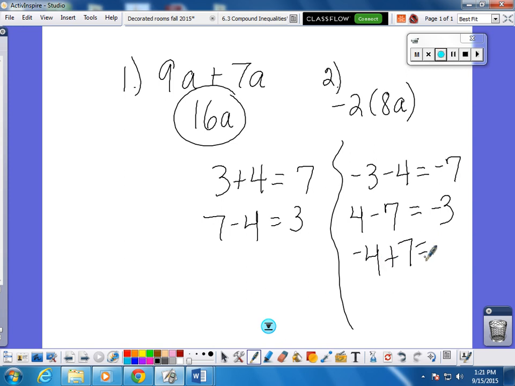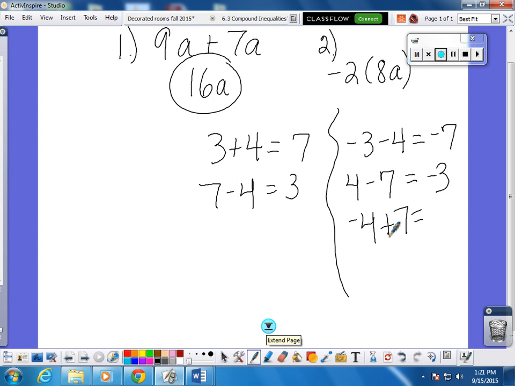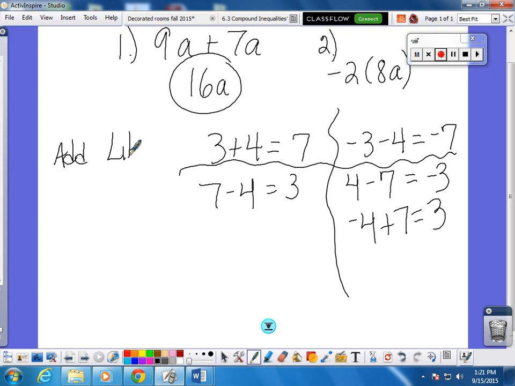What about if it was like this? You still going to add? Yeah, subtract. So up here we added, and down here we subtracted. So let's talk about why. These two that we added have like signs. And that's why we added or combined or put them together.